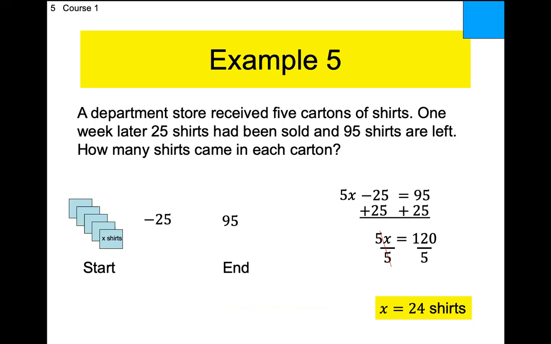And then the year after that, they'll make it even more complicated. They'll say the company buys the shirts for $10, and they sell each shirt for $22. How much profit did the company make? Well, you'd have to first figure out how many shirts they bought.